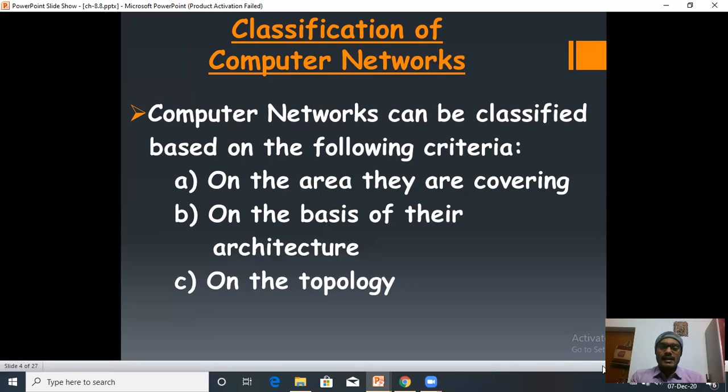You have studied that the classification of computer networks can be done on the basis of the following criteria. First, the area they cover. Second, their architecture. And third, the topology.